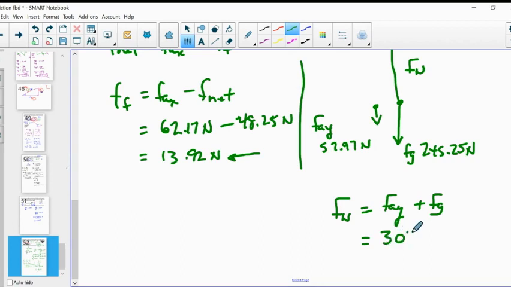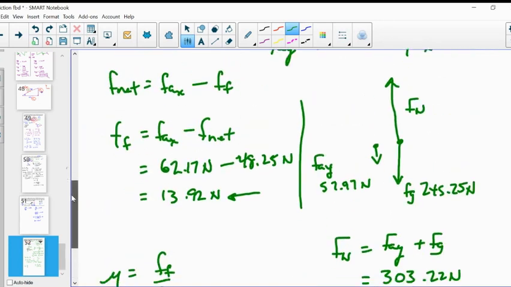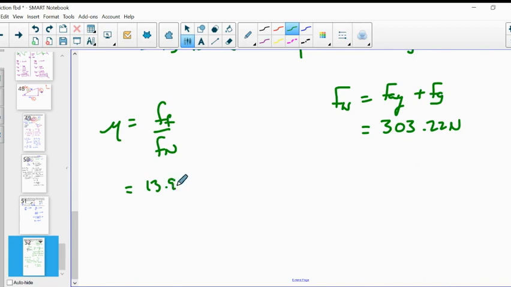That's going to equal 303.22 newtons. So if we want to find the coefficient of friction, we can simply apply that into our formula. Our FF was 13.92. Our Fn was 303, which gives us a very small coefficient of friction, 0.0459.